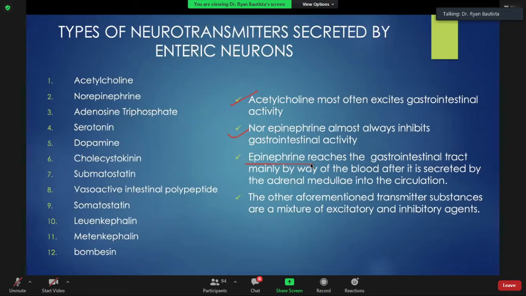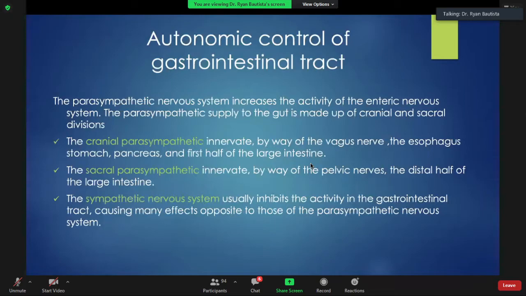Okay, so as what you saw for the parasympathetic, you have your cranial parasympathetic and sacral parasympathetic that can innervate your gastrointestinal tract. Your cranial innervation is by way of your vagus nerve, to the esophagus, stomach, pancreas, and half of your large intestine. We have what we call the vasovagal reflex.